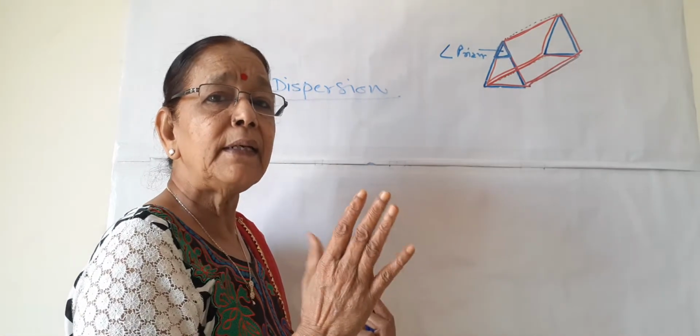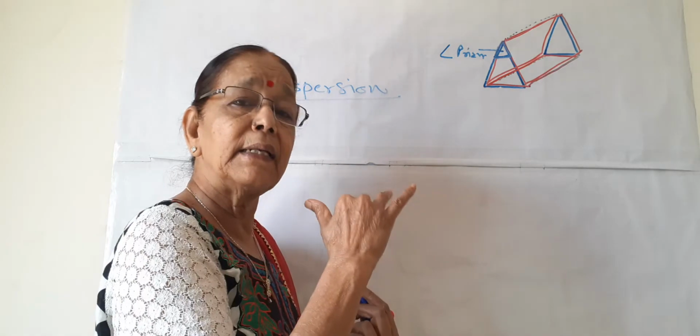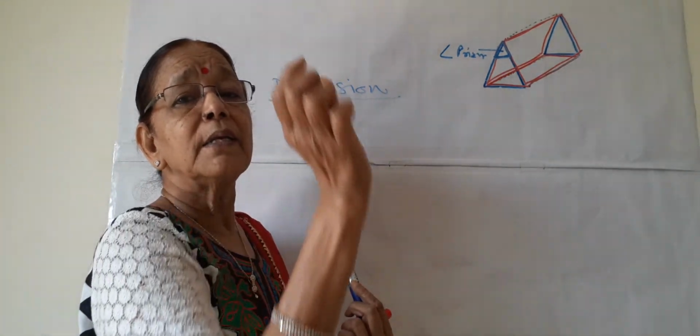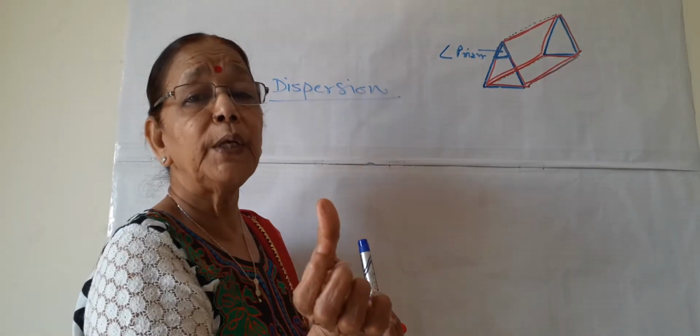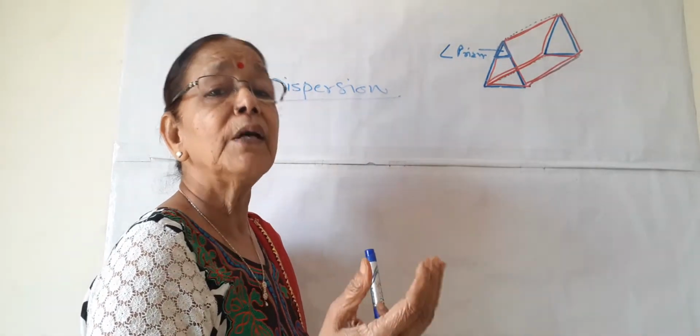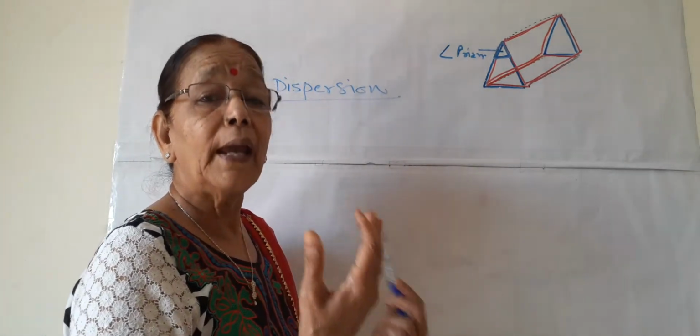So both are needed, droplets in the atmosphere and the sun. Then we see a natural 7-colored rainbow in the sky. This is also dispersion of light by natural water drops in the air.